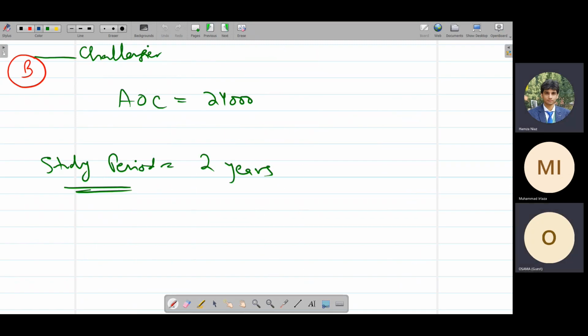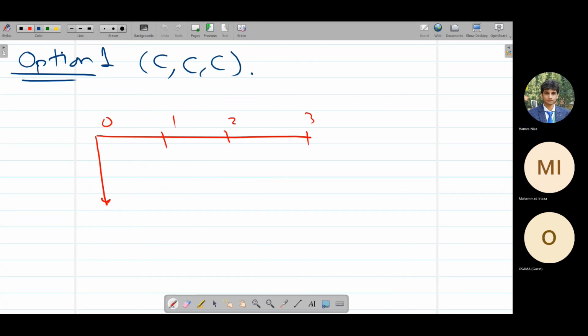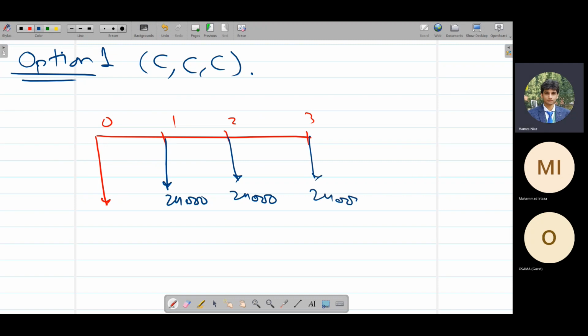If we look at this question, it says annual operating cost. Yes, the annual operating cost would be 24,000 for each year for challenger. So our annual operating cost would be 24,000, again 24,000, and again 24,000.